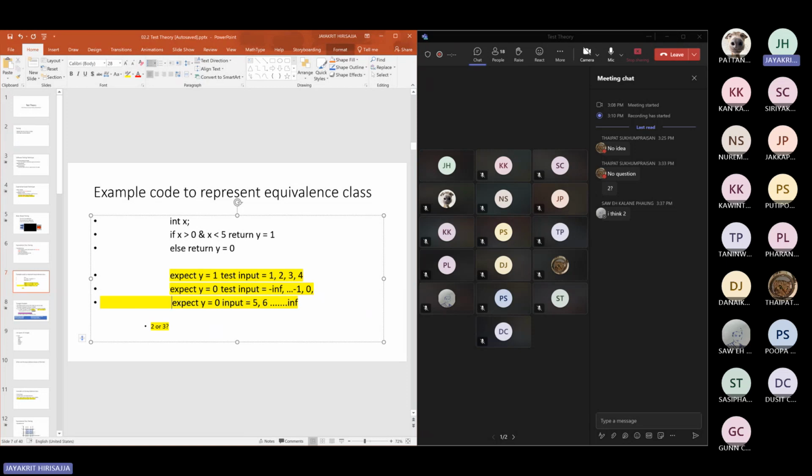It depends on what the document, the specification, says. But both of these are correct. You can think of it as 2 or 3, it is okay.